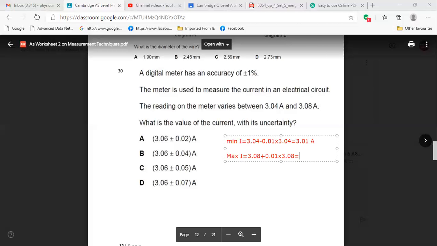It is 3.11. So 3.11 amperes we are getting.